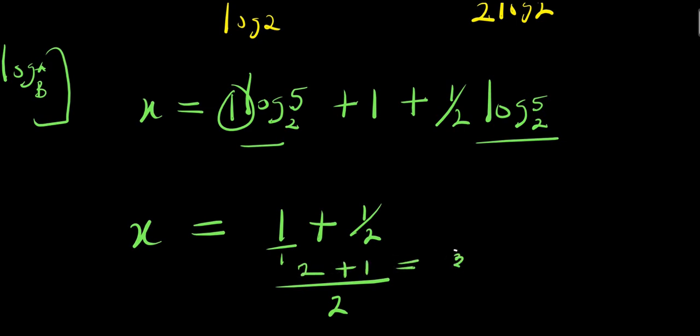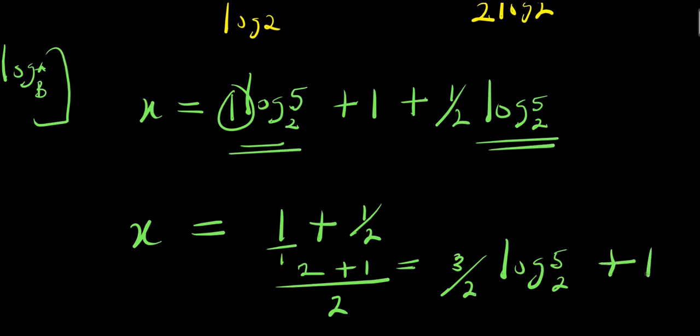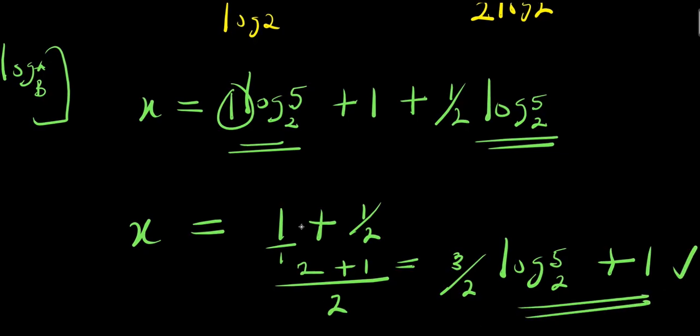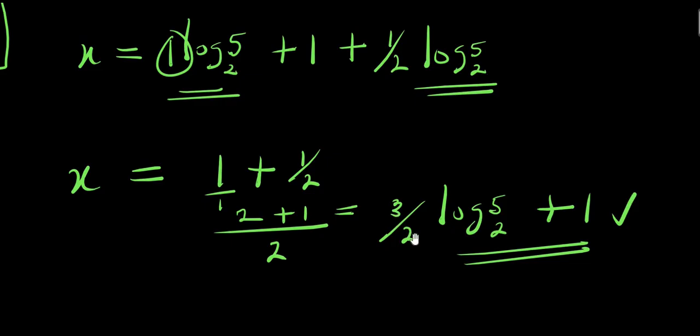This is 3 over 2 of log 5 to the base of 2. Adding this to this, 3 over 2 of log 5 to the base of 2 plus 1 is our final answer. So our final answer is x equals 3 over 2 of log 5 to the base of 2 plus 1.